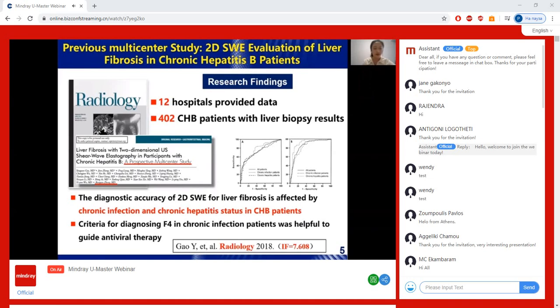The area under the receiver operating characteristic curve in the chronic infection group was significantly higher than that of the chronic hepatitis group. 2-DSWE was most effective in ruling in and ruling out cirrhosis in patients with chronic infection, which may guide antiviral treatment.